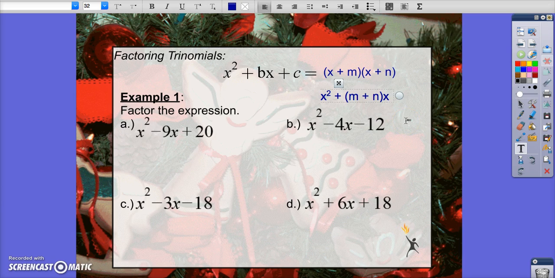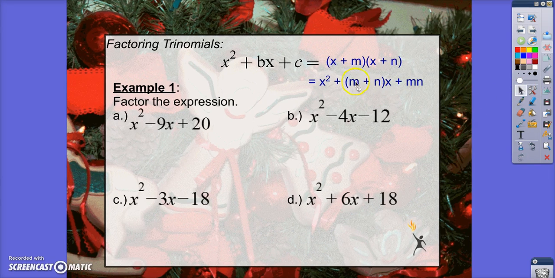Then the other part, plus mn. So that's the same as saying c is broken up into m and n, where m times n are these numbers that, when you add them together, you get m plus n. Okay? All right, so how we factor here.